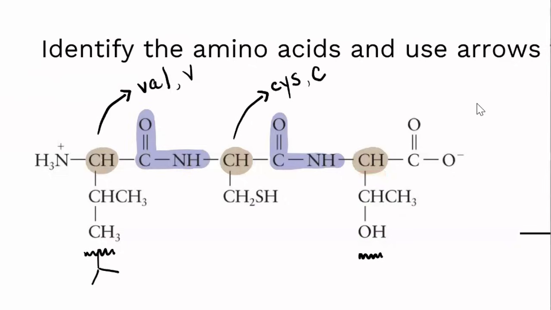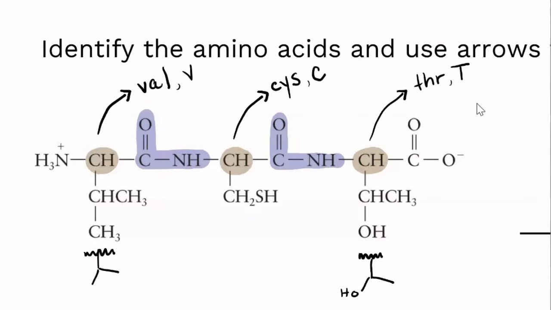And coming out of that CH group, I have a carbon connected to CH3 connected to OH. When you look at your reference table, that technically is the amino acid that we know as threonine. Its 3-letter code is THR, and its 1-letter code is the letter T.